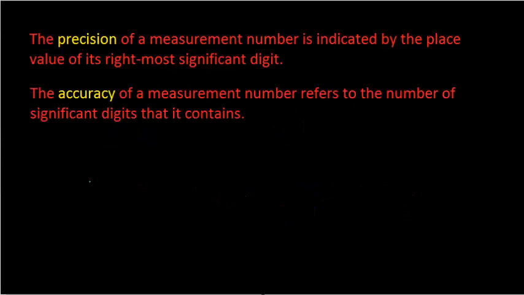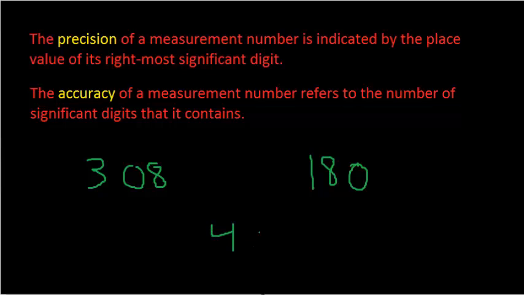Accuracy refers to the number of significant digits that the number contains. So for example, 308 is accurate to 3 significant digits, the number 180 is accurate to 2 significant digits, whereas 4 is accurate to 1 significant digit.